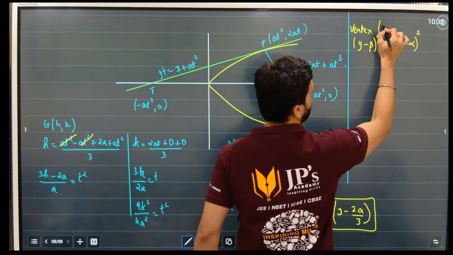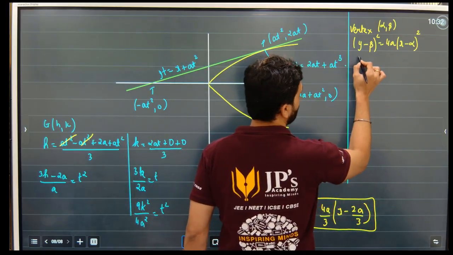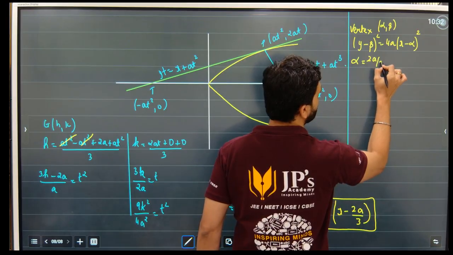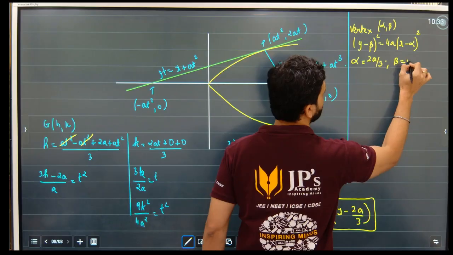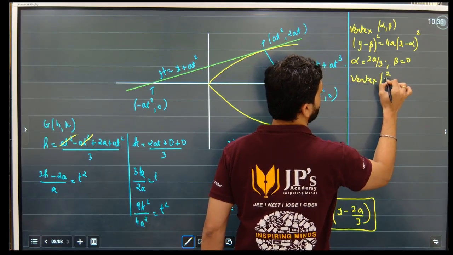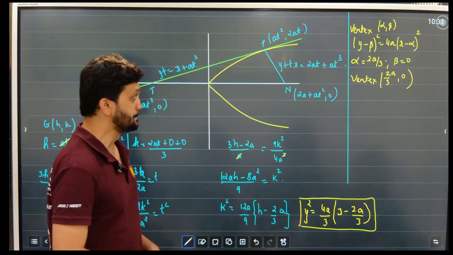If I take the vertex as (α,β) and compare, my α is 2a/3 and my β is equal to 0. Therefore my vertex is (2a/3, 0). So I have got my vertex.